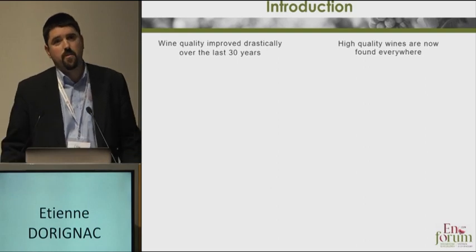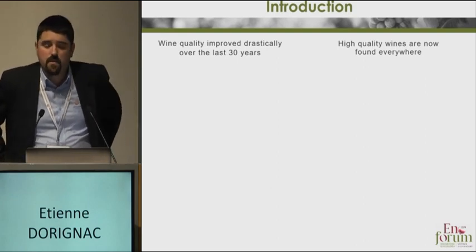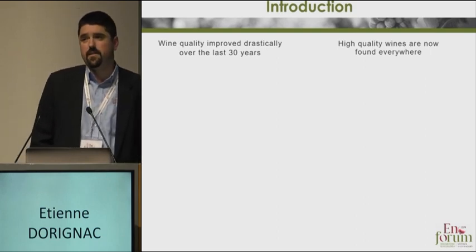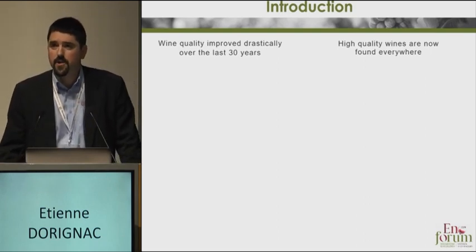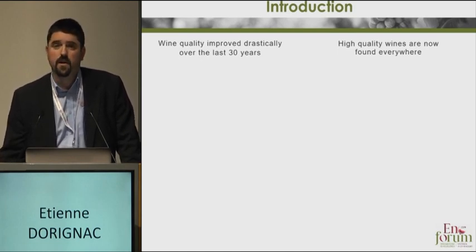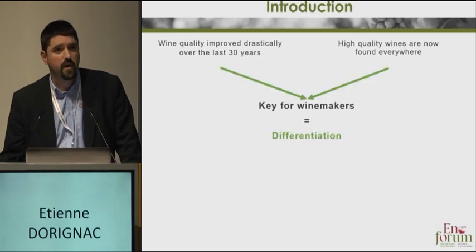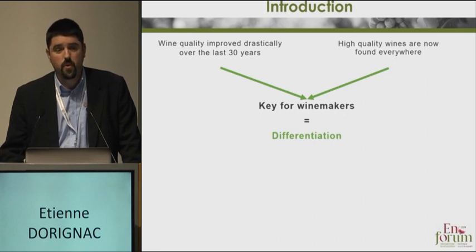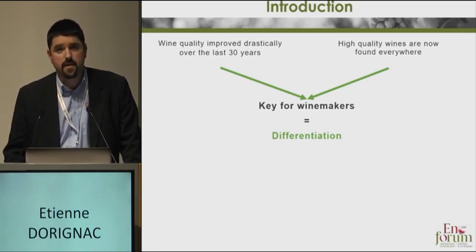As an introduction, I wanted to say that wine quality improved drastically over the last 30 years, and that's more and more exigence for the winemakers, because high quality wines are now found everywhere. So the key for every winemaker now is to really make the difference with other wineries.